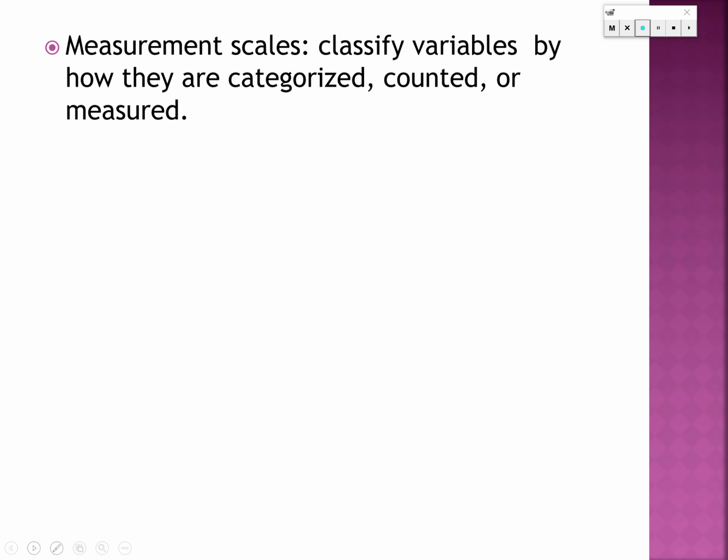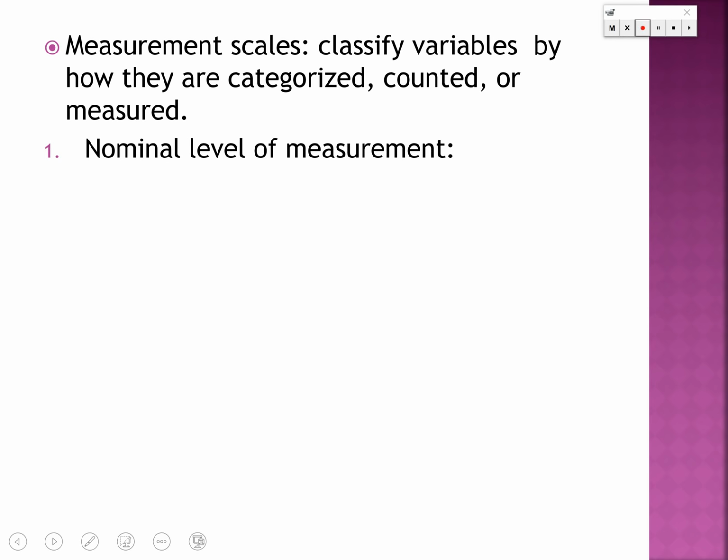Our measurement scales. Measurement scales are used to classify the variables by how they are categorized, counted, or measured. There's 4 different levels of measurement. The first is called the nominal level of measurement.